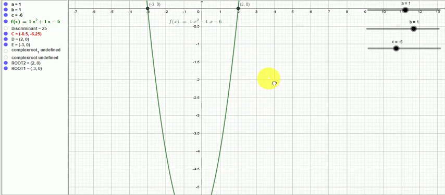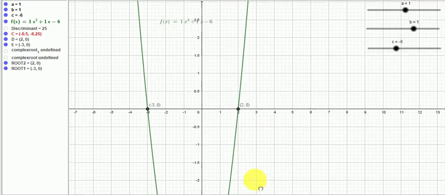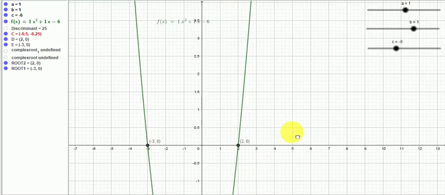And you can see that this parabola intersects the x-axis at 2 points. Those x-intercepts are nothing but the roots of this quadratic expression. So here roots are 2 and minus 3.